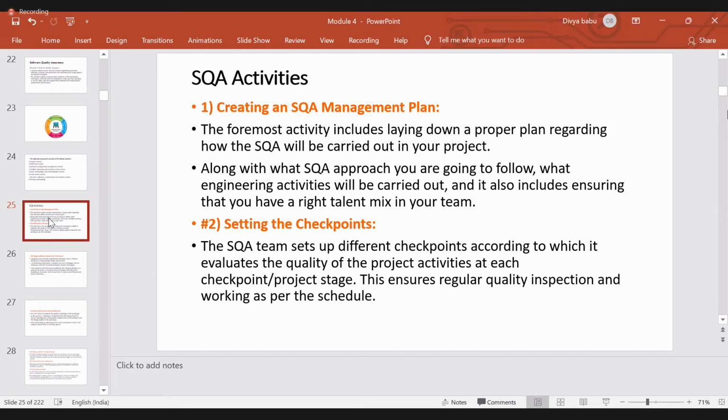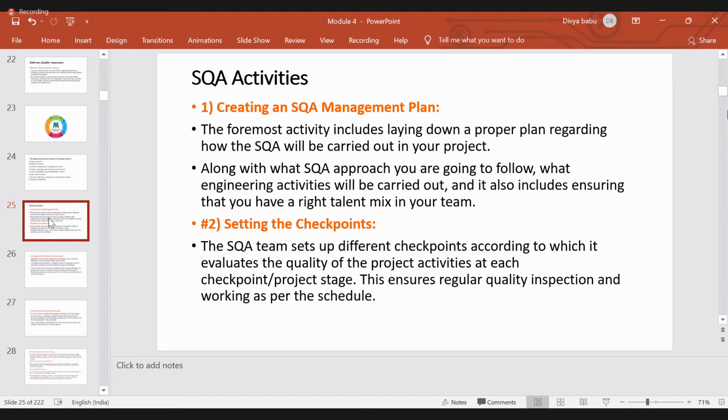What kind of SQA you need to carry out in your project? And what are the engineering activities you need to do for this SQA? And what you need to include? And what is the right talent mix in your team?